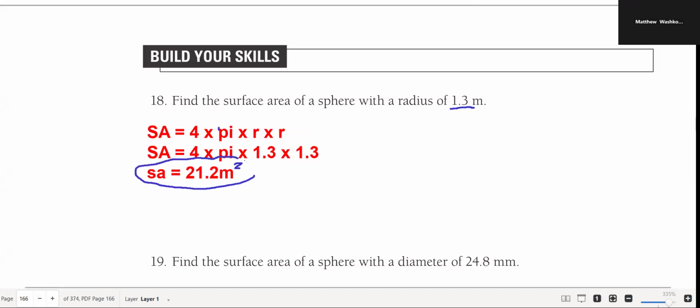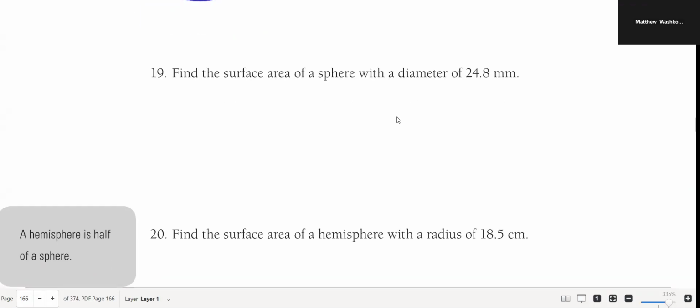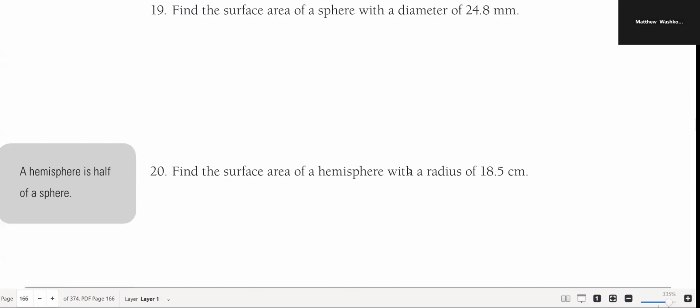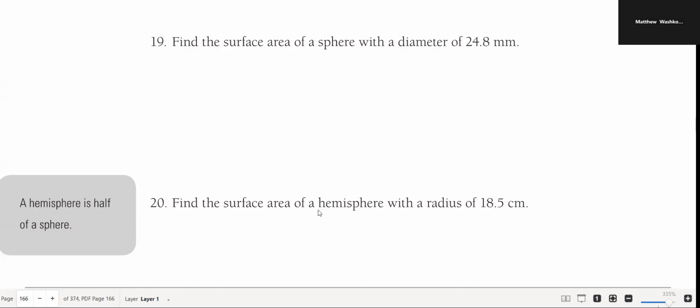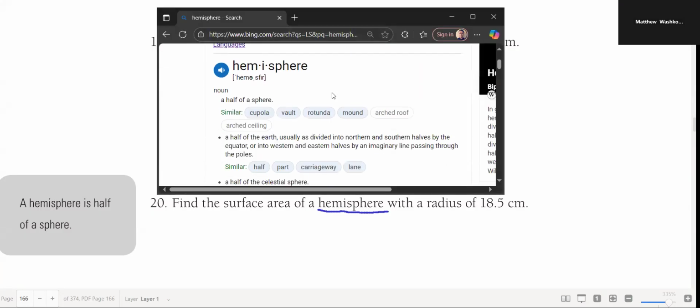So spheres aren't that tough, actually. It's literally just, here's the formula, that's it. So you guys are going to be able to find this. I trust you guys with that. Now, one thing I do want to note here is read the question carefully. What is a hemisphere? I don't know what a hemisphere is. What can I do to figure that out? Google it.